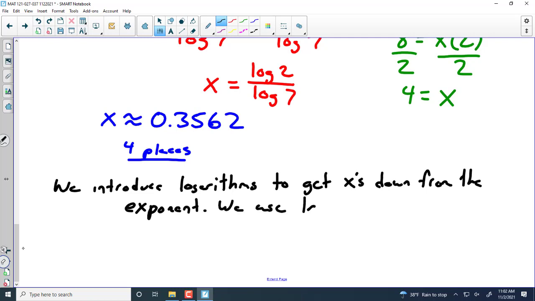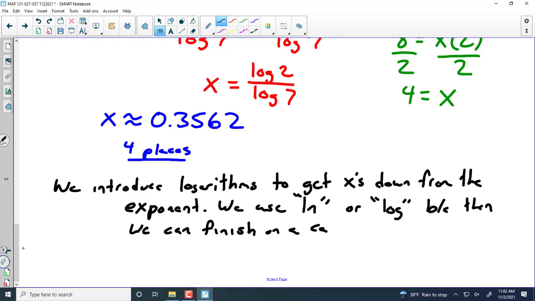We use ln or log because then we can finish on a calculator. That's why we use ln or log, because then I can finish the problem on a calculator, because most calculators can only do base 10 and base e. So this one we did base 10, and we were able to get an answer at the end.